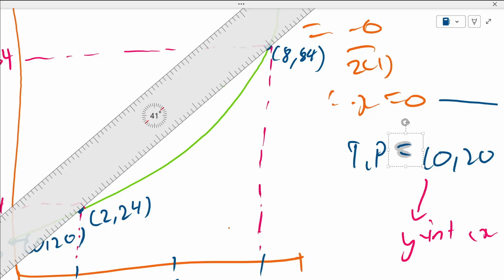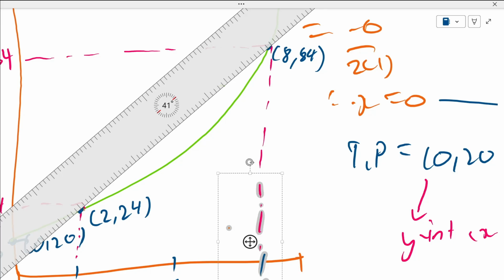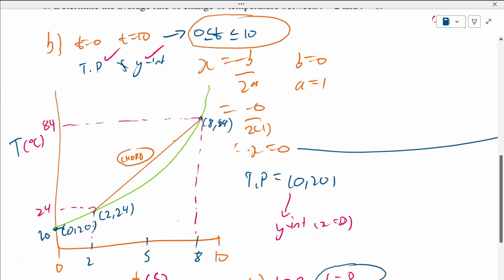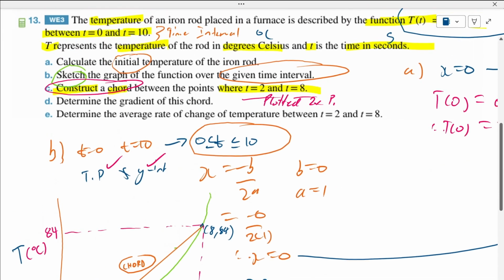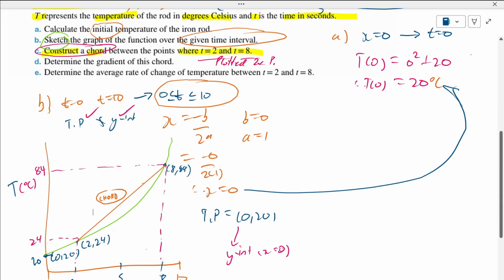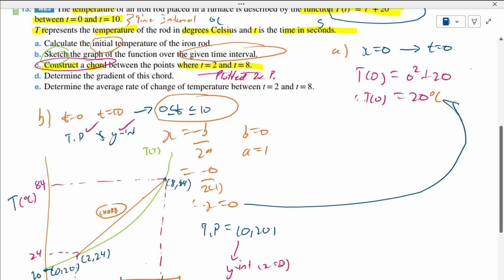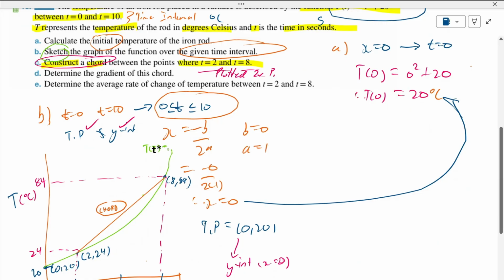I'm going to angle my ruler at 41 degrees, making sure it connects the 2 points, and draw a very clear chord. As you can see, we have our chord right here, which is great. For good reference, you should also label the equation of your function: T of t is t squared plus 20, where t is less than or equal to 8 and greater than or equal to 0.